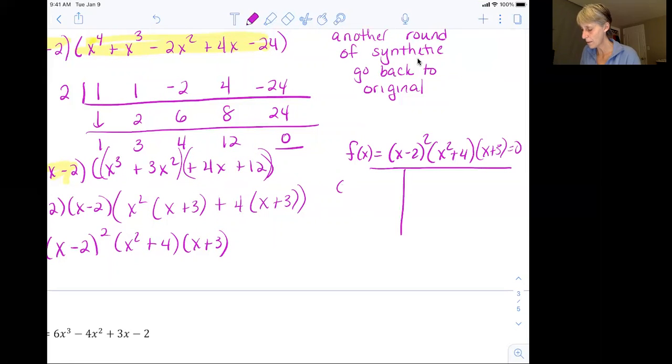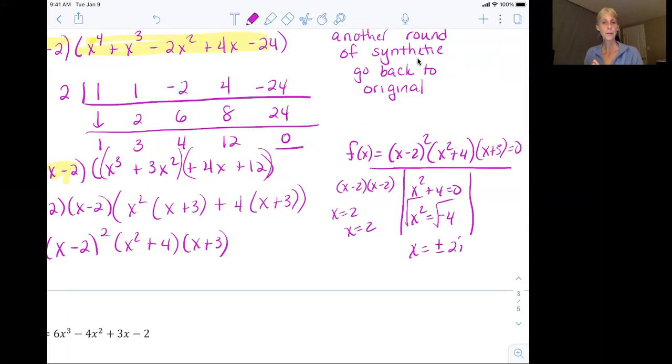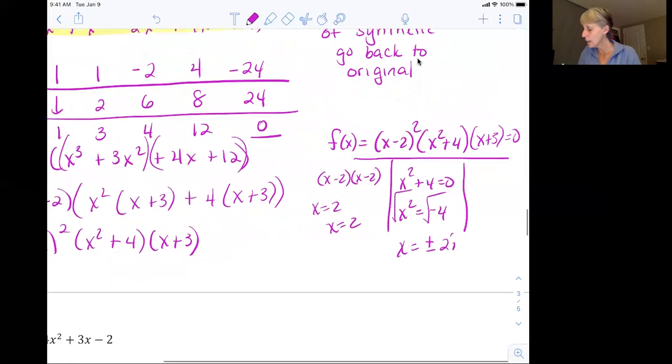We saw from above, x minus 2 just means that factor occurs twice, so I have to count it as 2 zeros. x squared plus 4 equals 0. We're going to get x equals plus or minus 2i. Remember, when there's a negative under the radical sign, it's just an i. And here we have x equals -3.